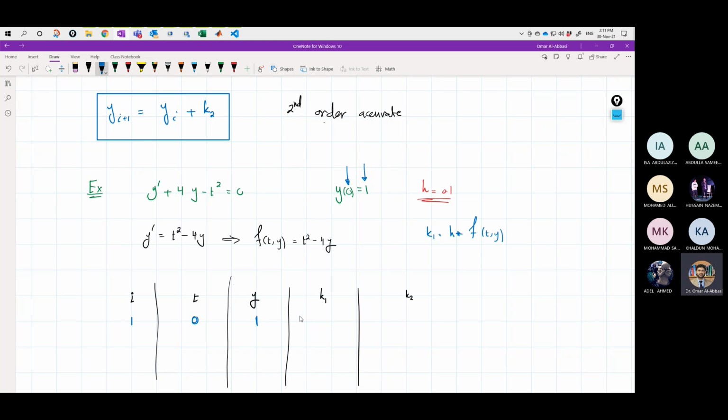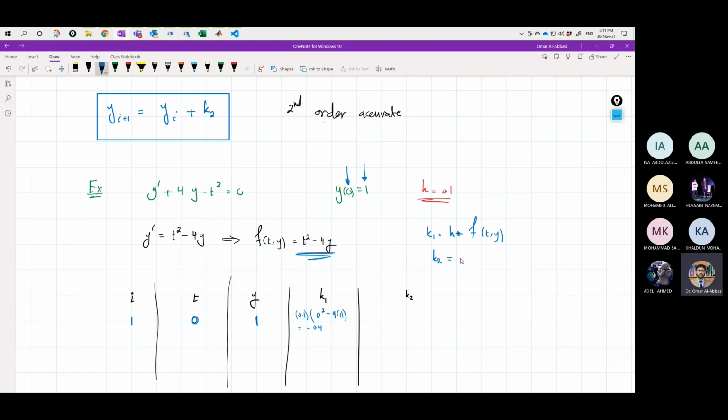Yeah? So how much is that? 0.1 times the function. What is the function? That is the function. Here, 0 squared minus 4 times 1. Correct? The answer over here is minus 0.4.